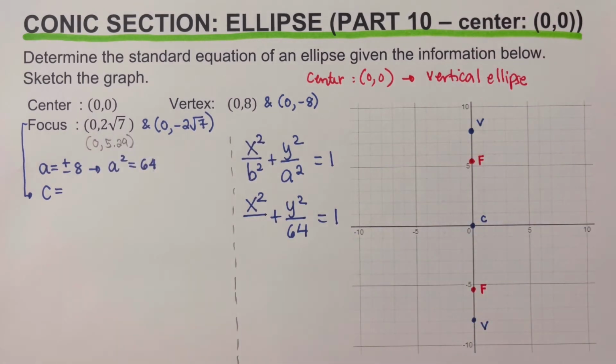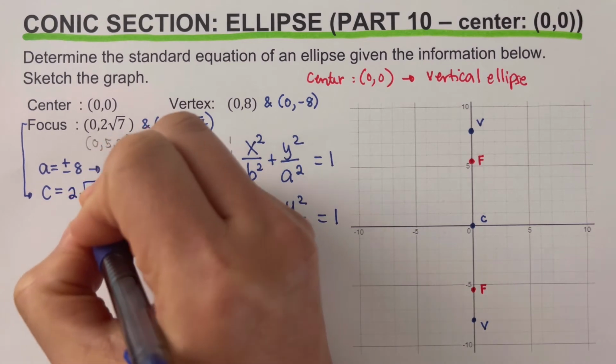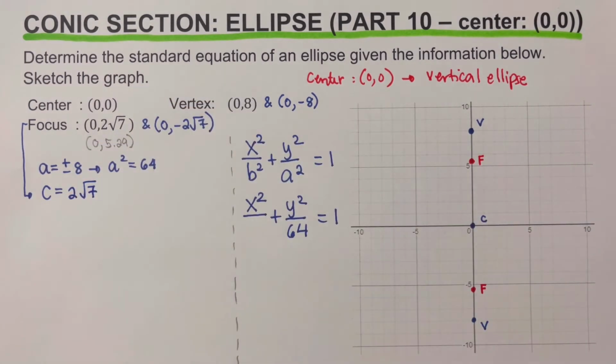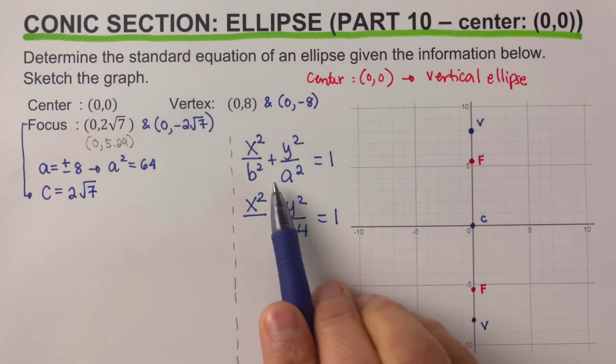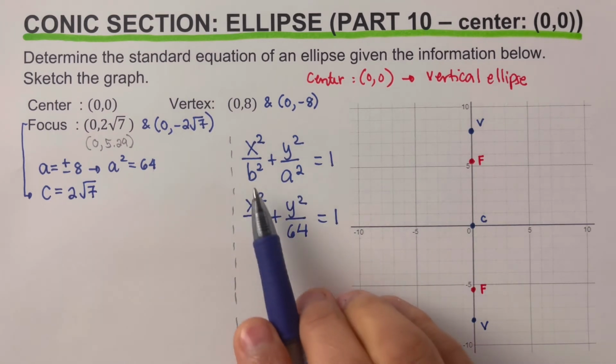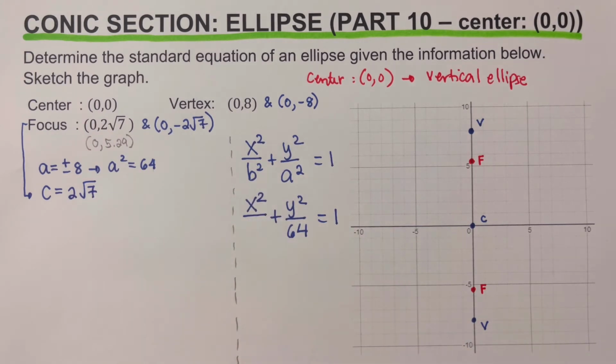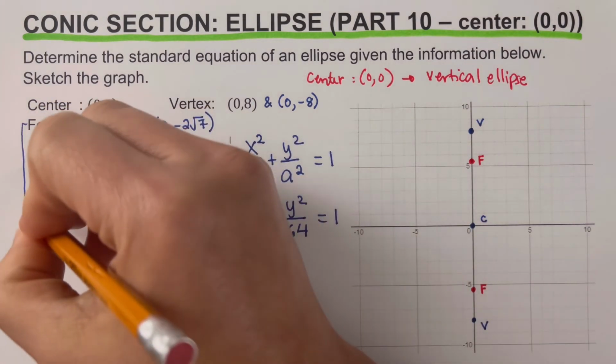So we can say that the C is actually 2 square root of 7. Now, we don't want the C. C is not included in any of these. But then we remember that we can solve for b squared using the equation c squared equals a squared minus b squared. So I'm going to go ahead and write that formula up here.